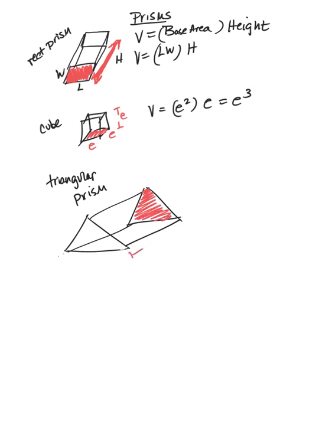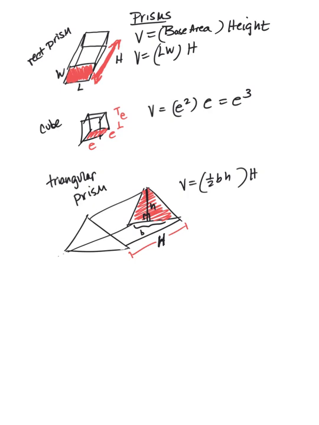And we would repeat it over this distance. Here's your height. So you have volume equals the base area. Well, the base area is 1/2 base times height because it's a triangle. Let me make this a capital H so you guys don't get confused. This is the height of the triangle. This is the base of the triangle. Times height. All right?